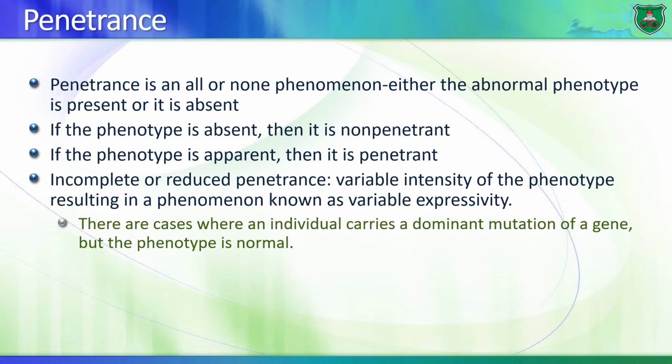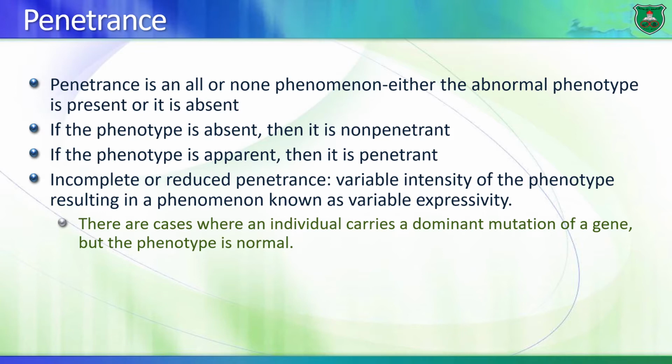Not only that, but there's another phenomenon that is linked to dominant disorders, which is penetrance. Penetrance means whether a phenotype is present or absent, so it's white or black, 1 or 0. If the phenotype is absent, we say that it is non-penetrant. If the phenotype is apparent, then we say that it is penetrant.